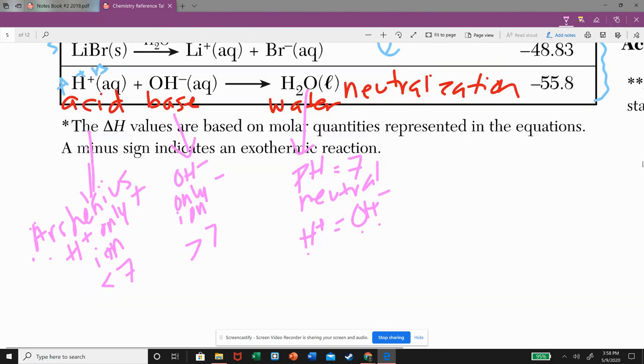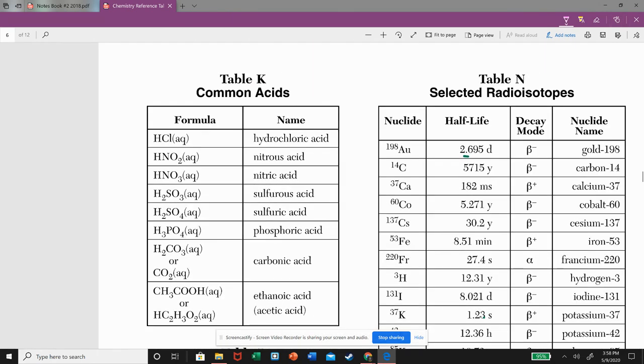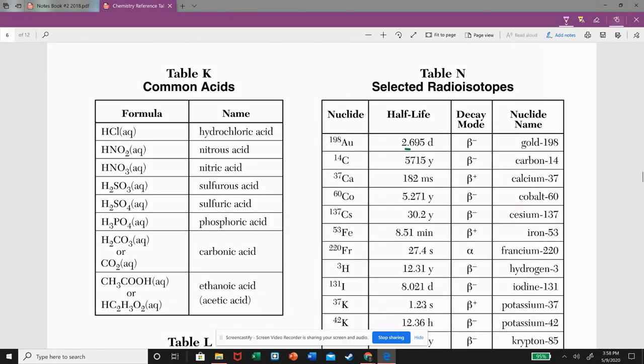Now let's go to our next set of reference tables, table K and table L. On table K, we have our common acids. Again, this is the Arrhenius theory of acids, where you have the H plus as the only positive ion in solution, because the Cl minus would be the negative ion.